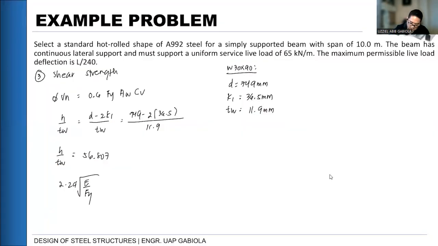Okay, so ito yung kailangan natin satisfy: 2.24 square root of 200 times 10 to the 3 all over 345. So yung value natin is 53.933. So ang h over tw natin is greater than 2.24 square root of E over Fy.